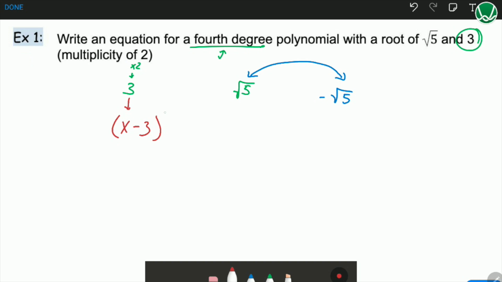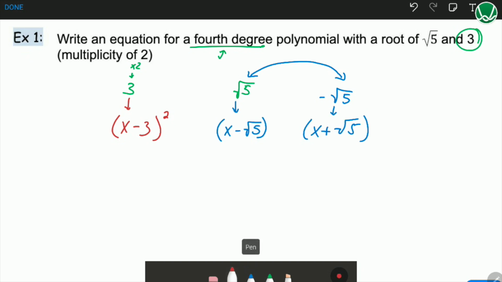And because it has a multiplicity of 2, I know that this is squared. If I have a root of radical 5, then I know that I have a factor of x minus radical 5. And if I know I have a root of negative radical 5, then I have a factor of x plus radical 5.